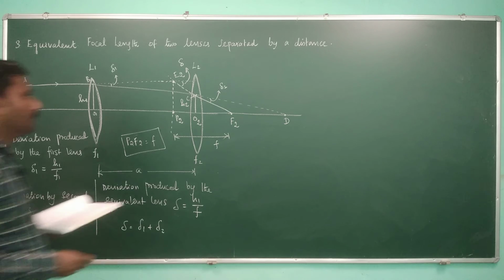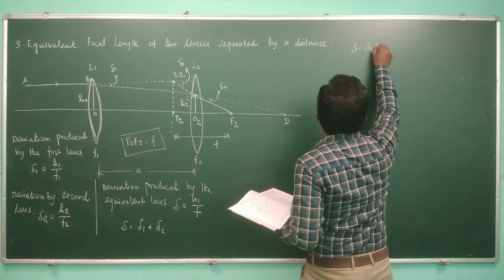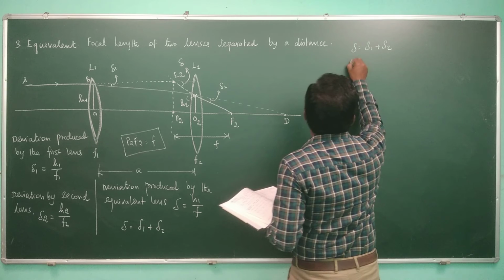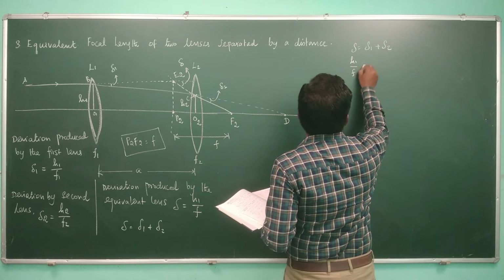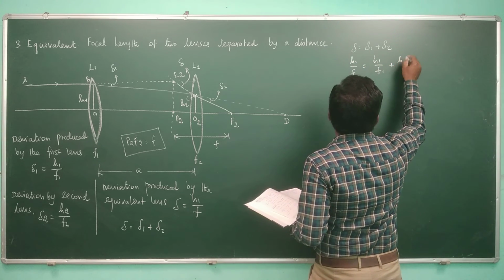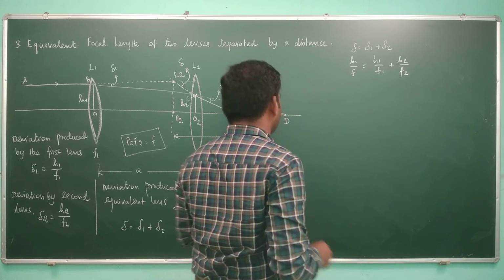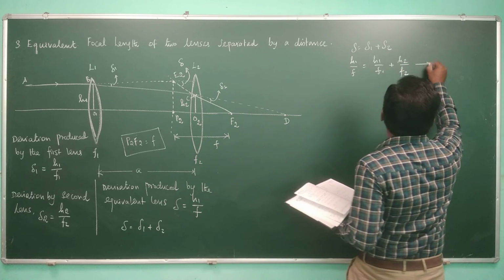Now we can write, if delta is equal to delta 1 plus delta 2, then h1 by f is equal to h1 by f1 plus h2 by f2. This is equation 1.